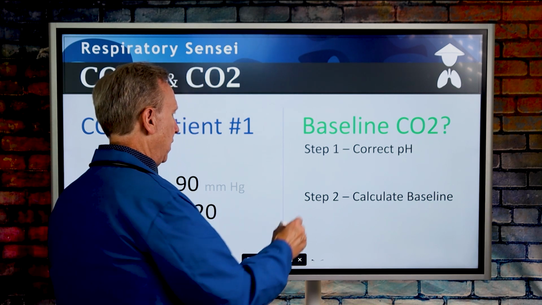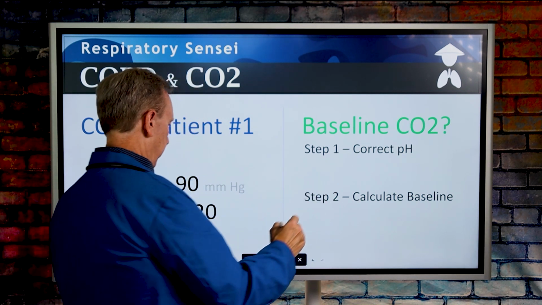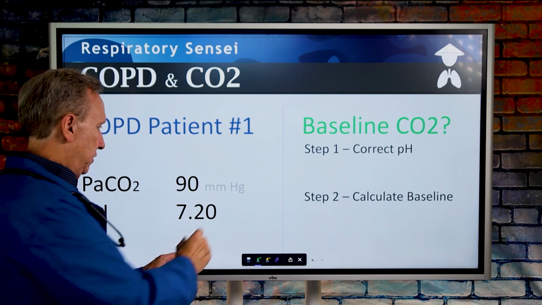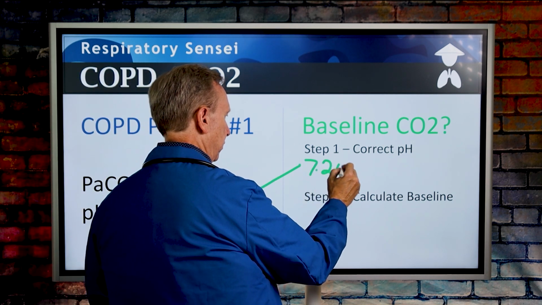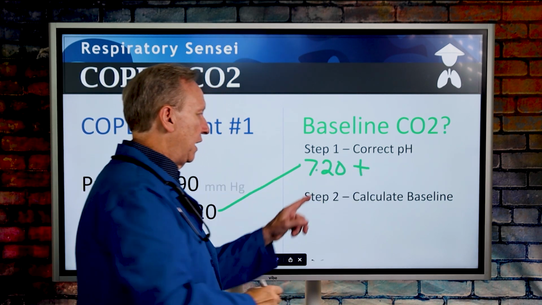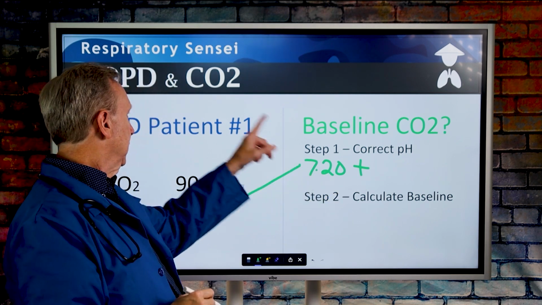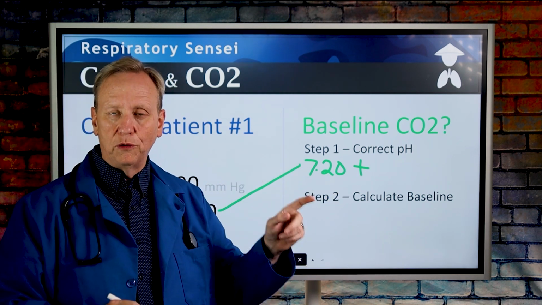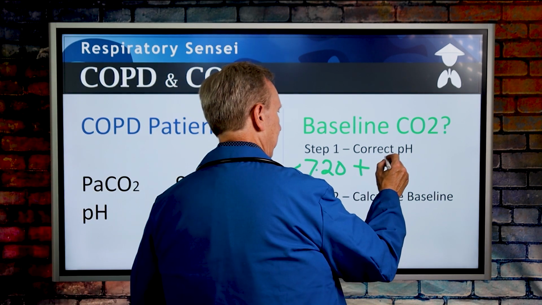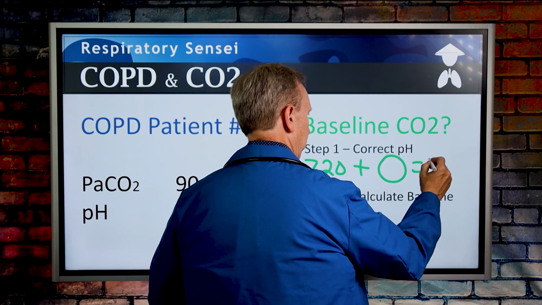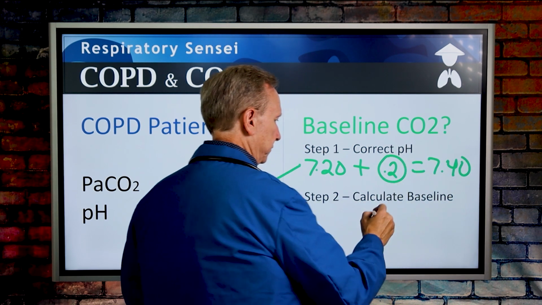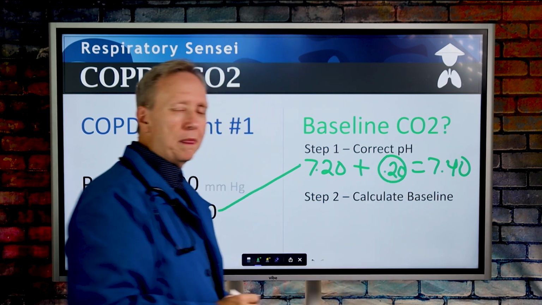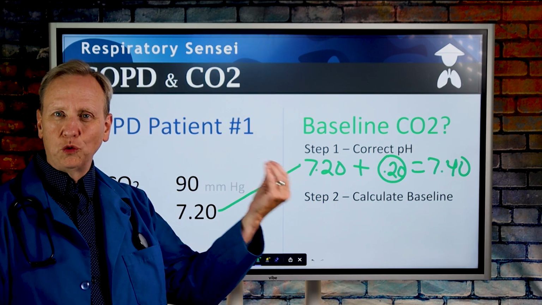All right, so if we have a pH of 7.20, we're going to take that right here and ask, what do you have to do to 7.20 to get back to 7.40? So 7.20 plus what is going to equal 7.40? And the answer is 0.2, or you might just say 0.20. I like to see the 20 in that.